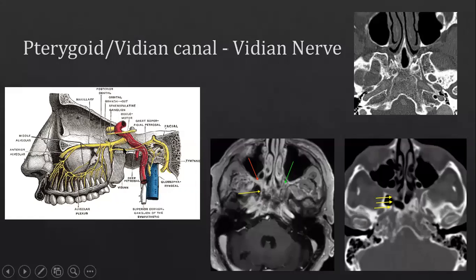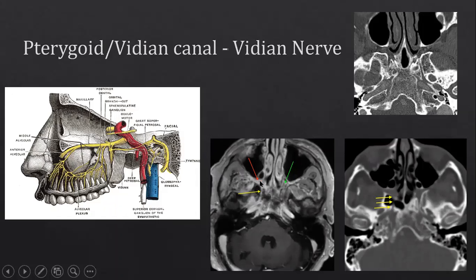The Vidian nerve is formed by the greater superficial petrosal nerve and the deep petrosal nerve, which comes along with the sympathetic outflow from the carotid arteries, and together they form the Vidian or pterygoid canal nerve, which then relays into the pterygopalatine fossa and eventually on its way to the orbit. It supplies the secretomotor fibers from the facial nerve, and this is that small canal over here.